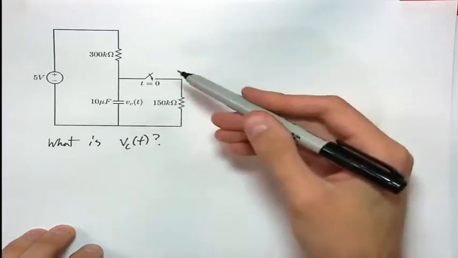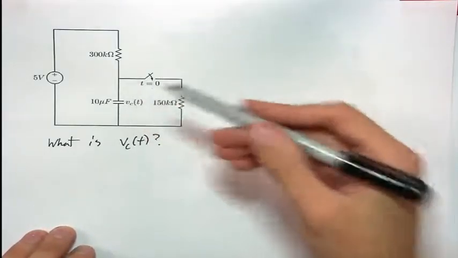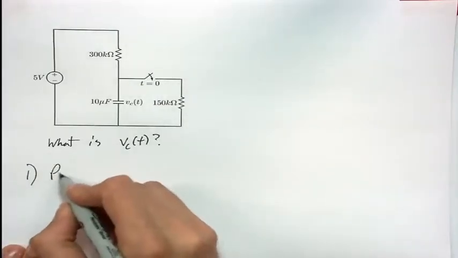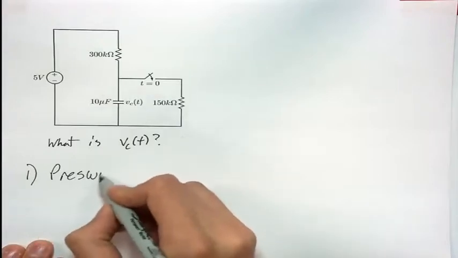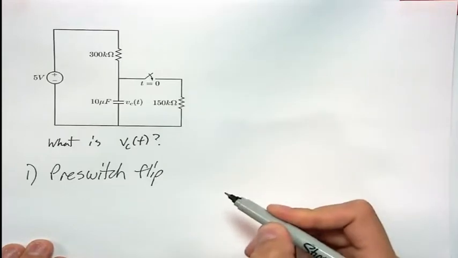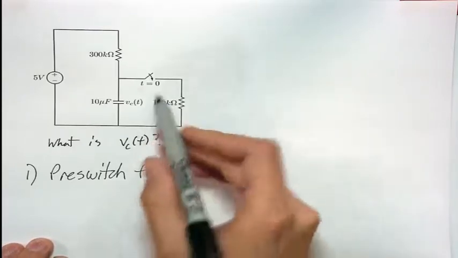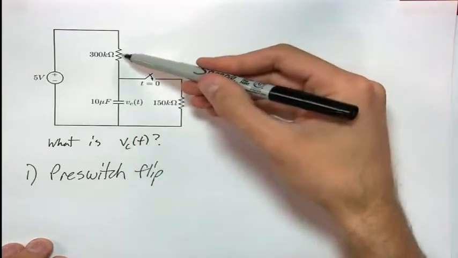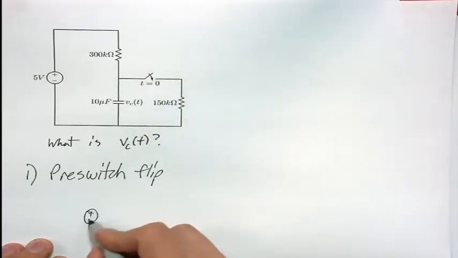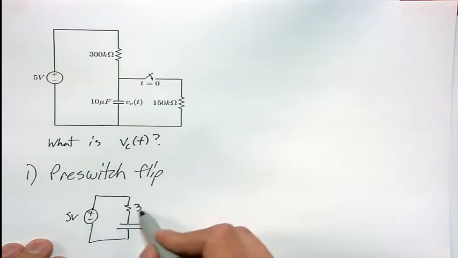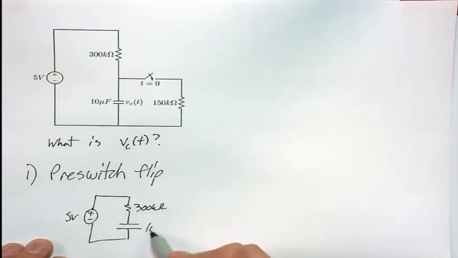So let's set up the circuit in two stages. The first stage we're going to look at is before the switch is flipped. Before the switch is flipped, we have an open circuit here, and that means that we have simply a resistor and a capacitor.